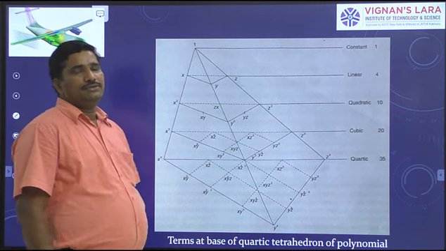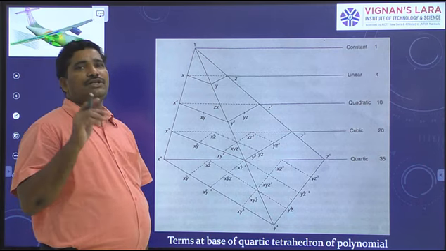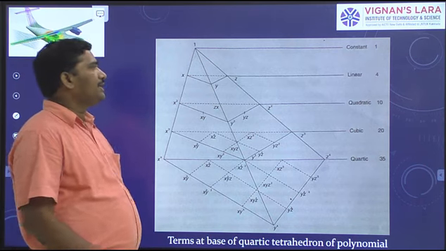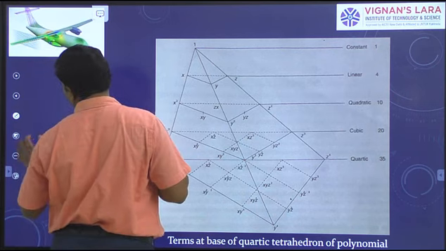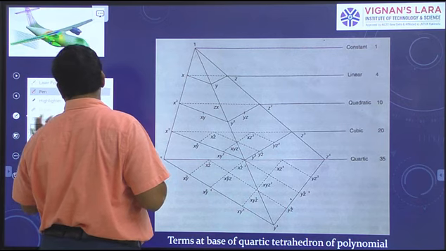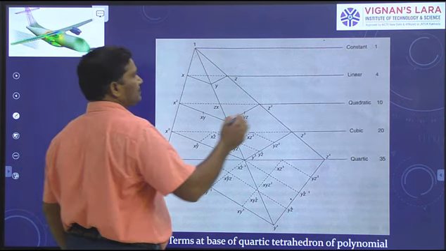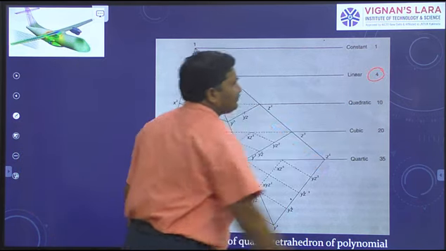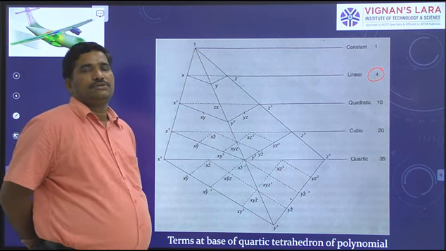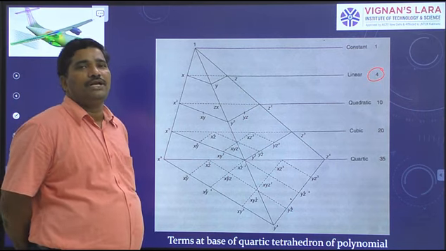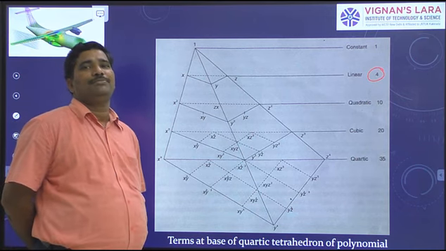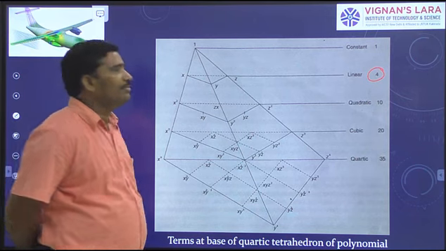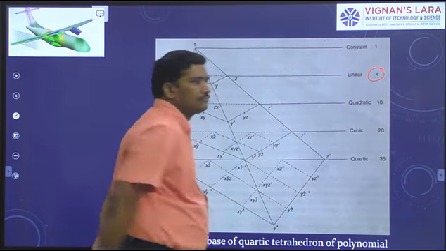When n equals 1, your polynomial is a linear polynomial, then how many terms does it contain? 4 terms. It is a 3-dimensional polynomial which contains 4 terms.